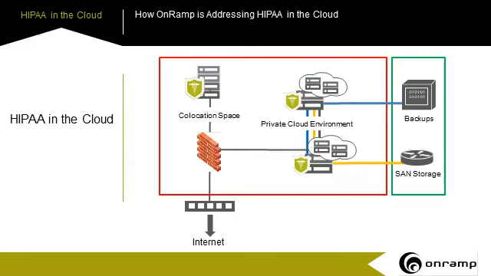At OnRamp, the way we affect HIPAA in the cloud is to deploy hybrid computing solutions. And this is an example picture of a hybrid computing solution that we would deploy. This would be a healthcare company that started off with co-location and a firewall, and then for some reason, either they had a new clinic or a new project, or they maybe needed to scale, or maybe they just needed to make a physical to virtual move.